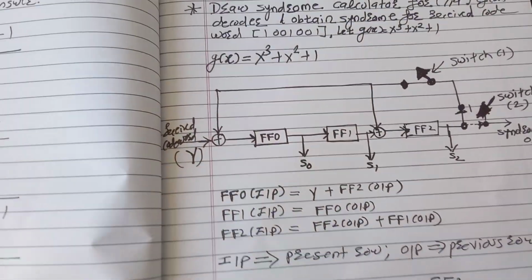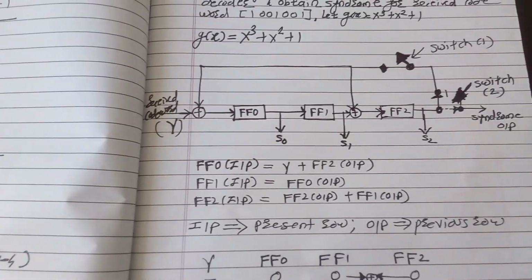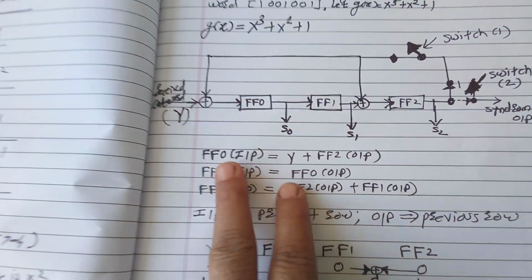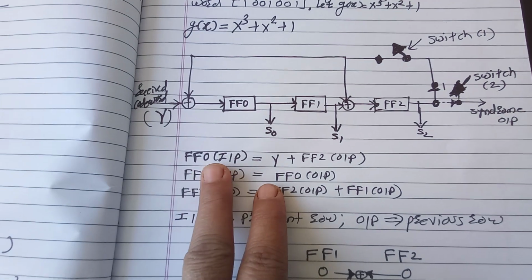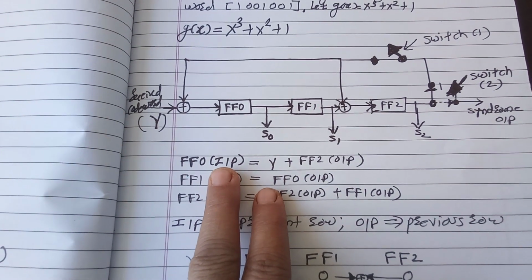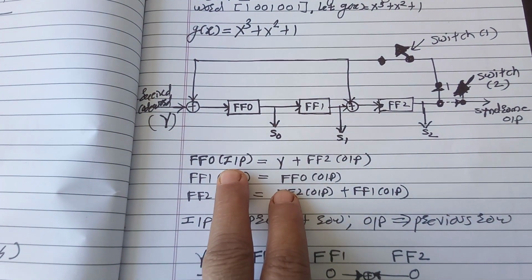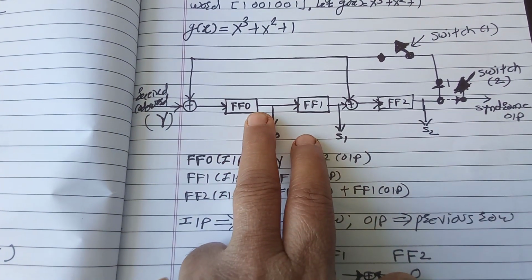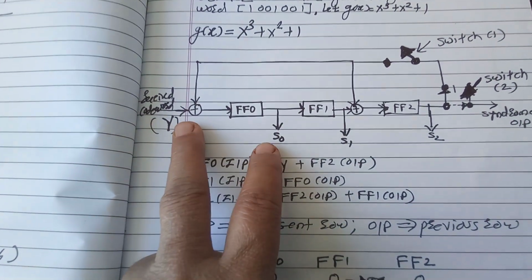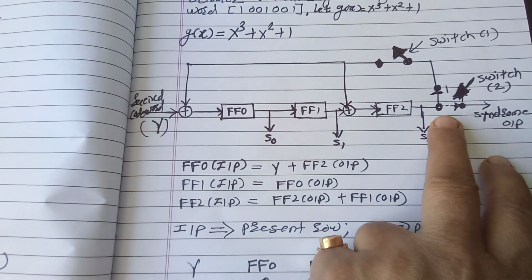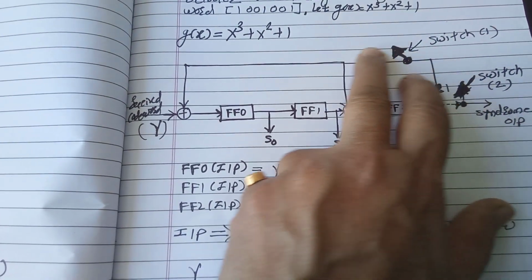Now, after that, how do we form these equations? These equations are about the inputs of the flip-flops. Flip-flop 0 input is equal to y plus flip-flop 2 output.